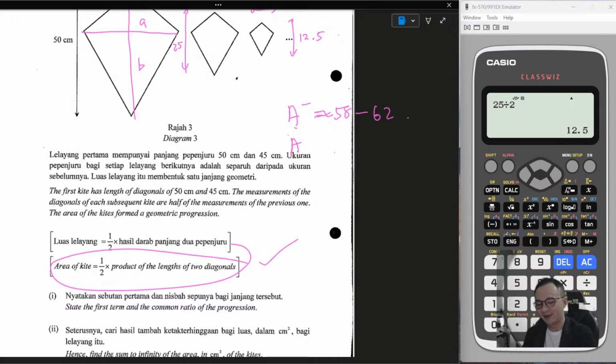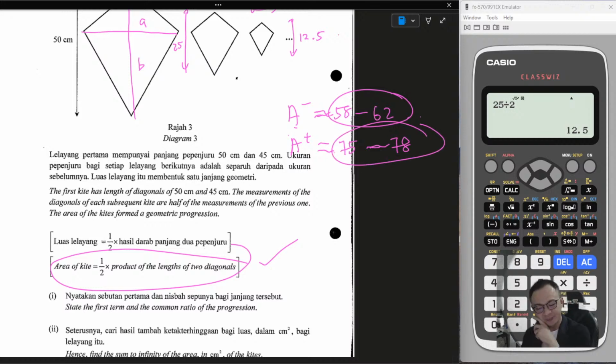And A plus I think is roughly about 75 to 78. This one is a baseline. So not too bad.